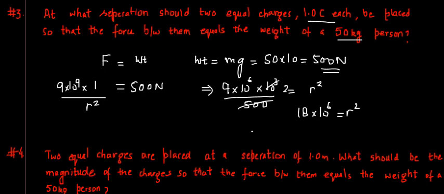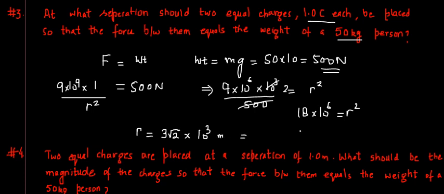We take the square root of this to get r. The square root of 18 you can write as 9 into 2, and the square root of 9 is 3, so this is 3 root 2 times square root of 10 raised to the power of 6, which is 10 raised to the power of 3 meters.